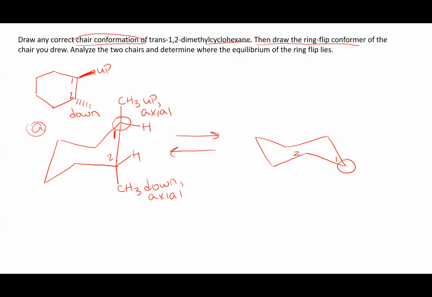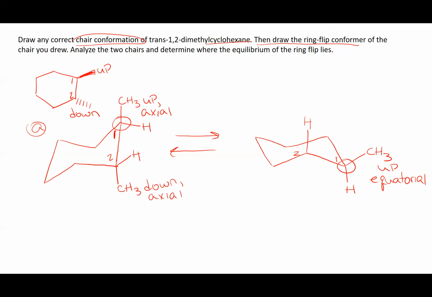When I ring flip, up stays up and axial becomes equatorial. So now this is up equatorial. I can show the hydrogen there, and it is now down axial because it was down equatorial initially.